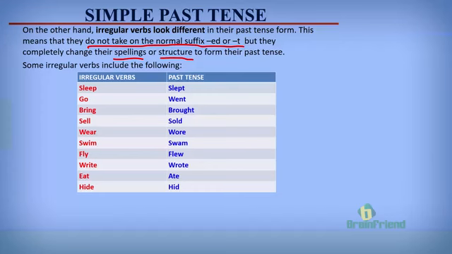On the board also we have some examples of irregular verbs. Sleep in past tense becomes slept, not sleeped. This would be wrong.